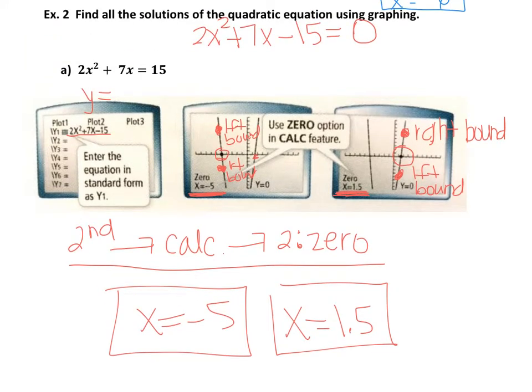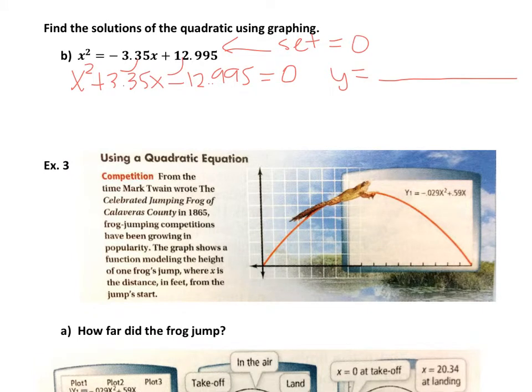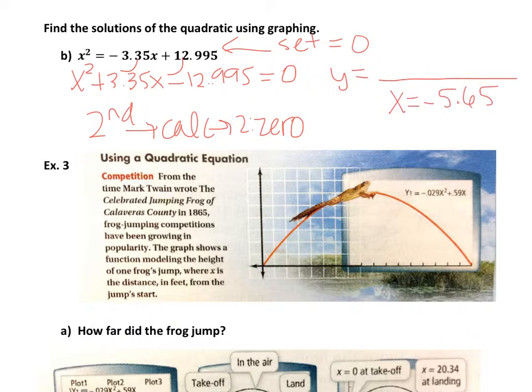Now you're going to go to y equals and type the equation in and follow the directions like you did up here for this one. So you're going to choose second, calculate, choose option 2 where it says 0. Okay, you're going to do the left bound, right bound, and you're going to get one solution of x equals negative 5.65.